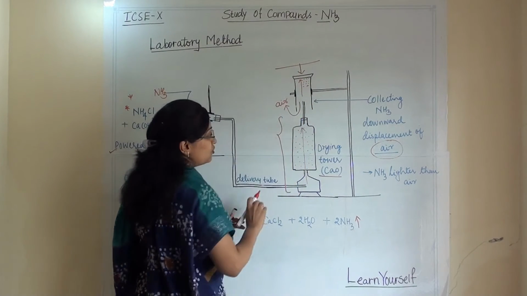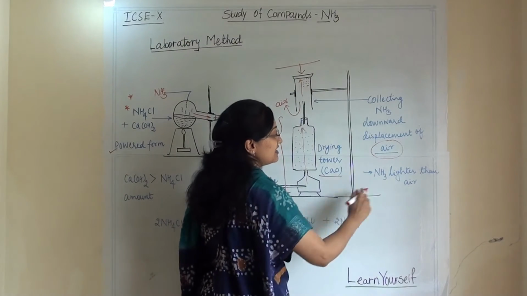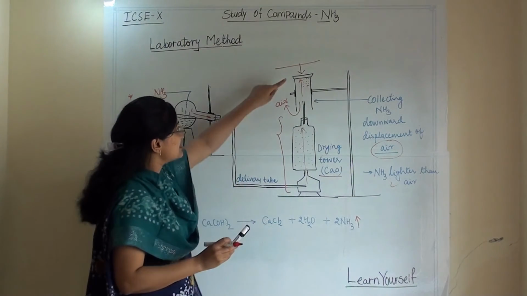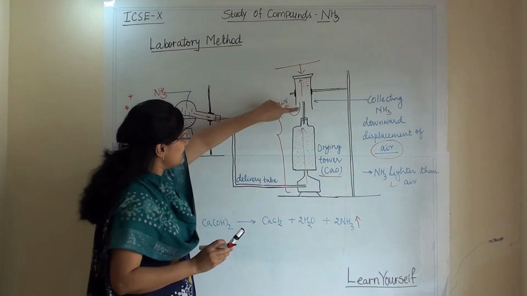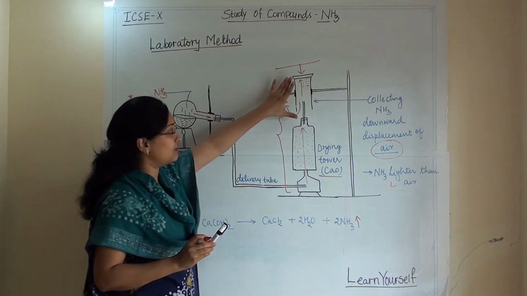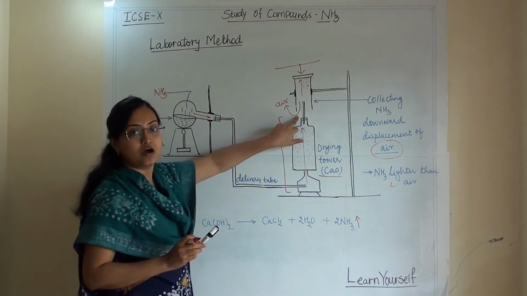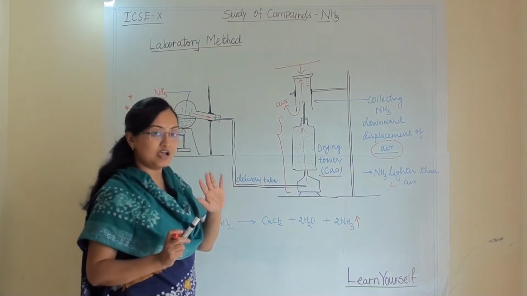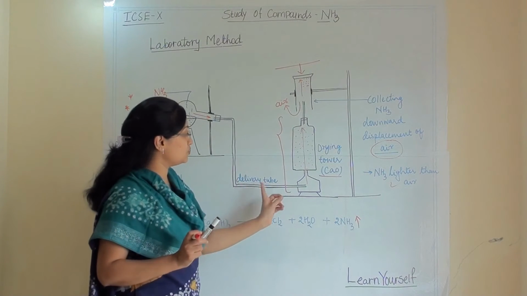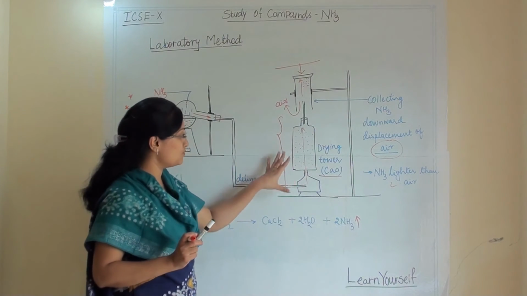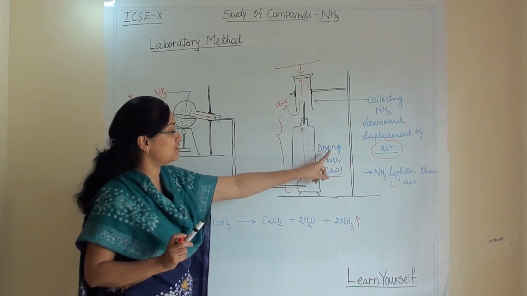Why? Because ammonia is lighter than air. So it will displace the air, and the jar will ultimately be completely filled with the ammonia here. Ammonia has a higher solubility in water. It will contain moisture, so we are passing it through the drying tower.